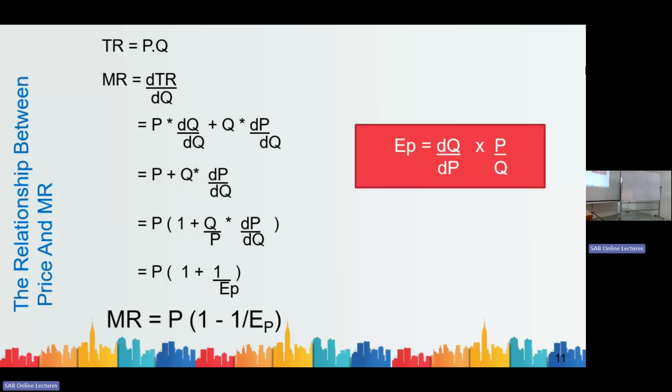So here we are talking about price elasticity. When you use the term, it should be demand is price elastic, price inelastic, unit price elastic, perfectly price elastic, or perfectly price inelastic. The price term should always be there.